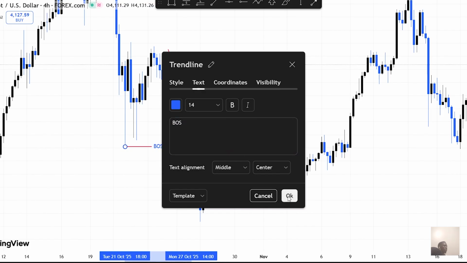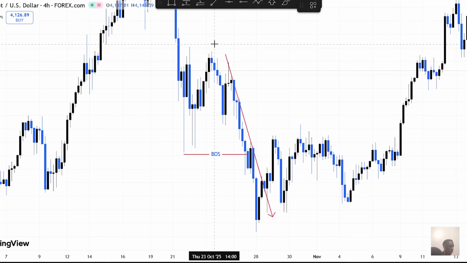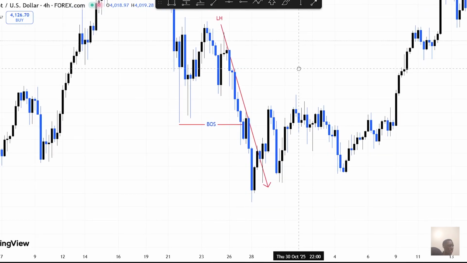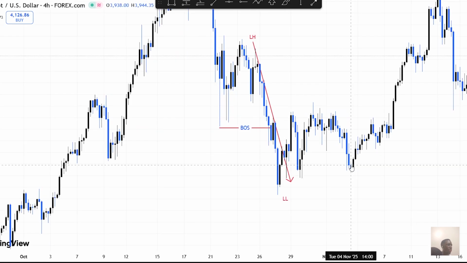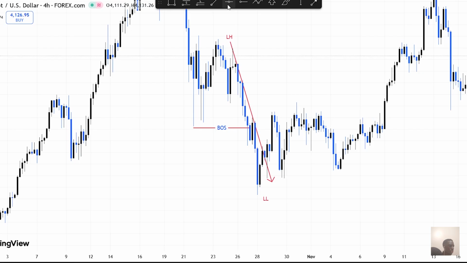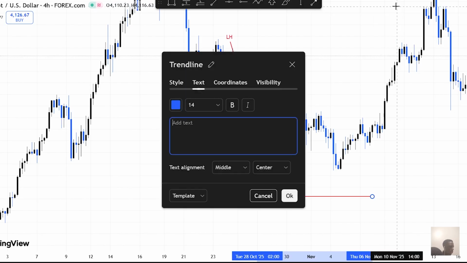Price breaks here. So now this is our lower high and lower low. In order for us to continue with this trend, price has to break this lower low level.